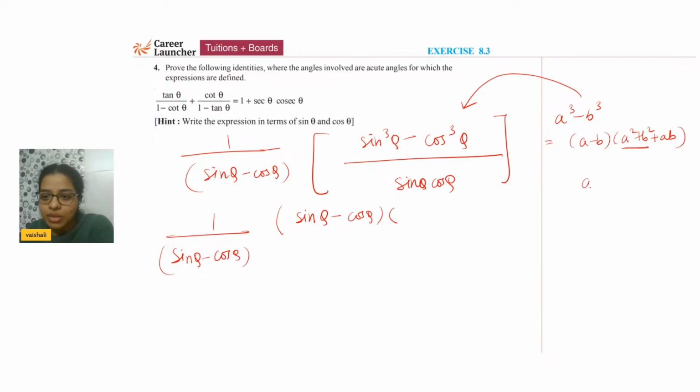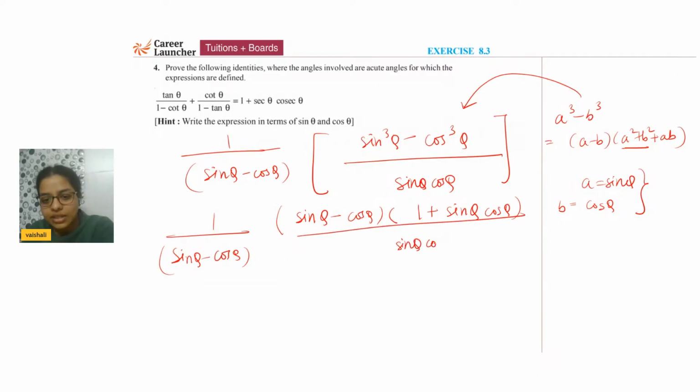So if my a is sin theta and my b is cos theta, sin square theta plus cos square theta to 1 होता है. So I'm just putting a 1 here directly, plus sin theta cos theta divided by sin theta cos theta.